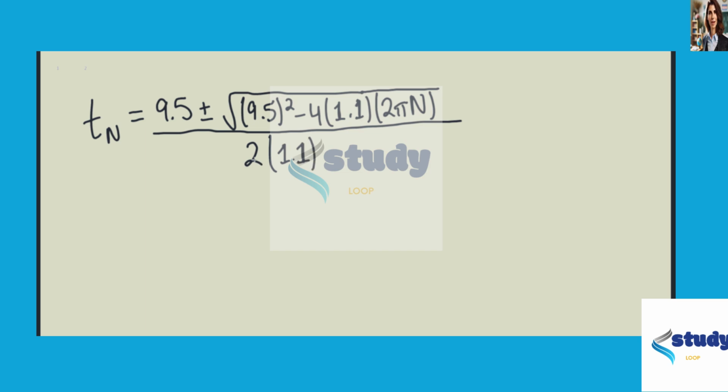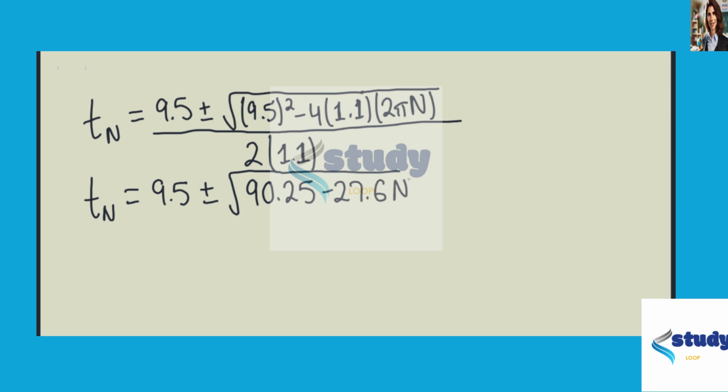And at this point, we can simplify a bit and say 9.5 plus or minus the square root of 90.25 minus 27.6 n, divided by 2.2.